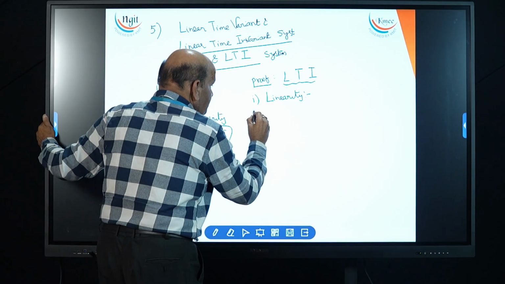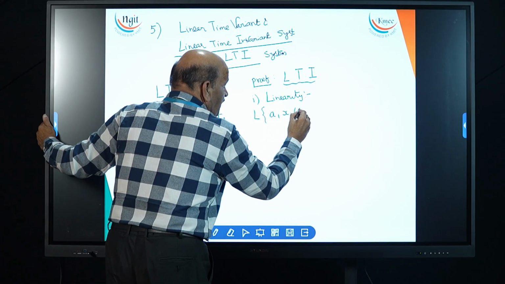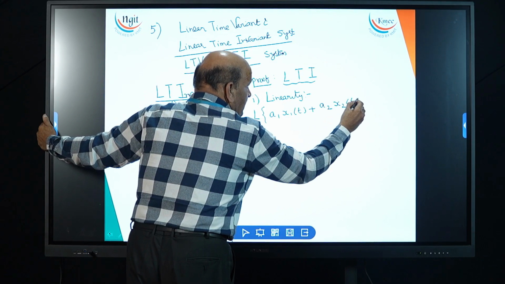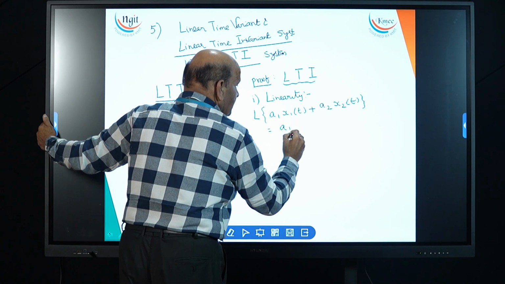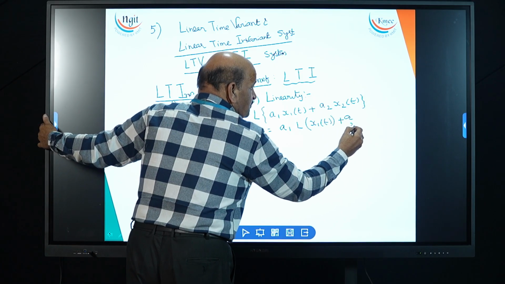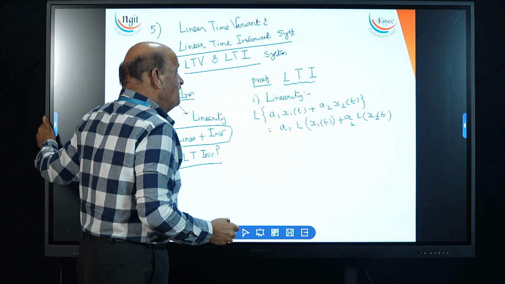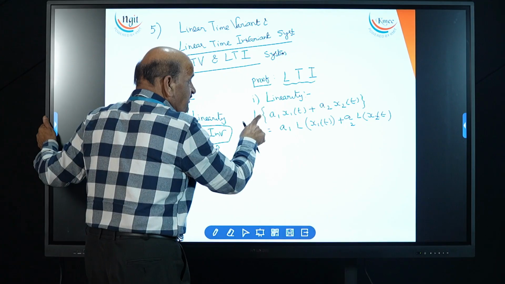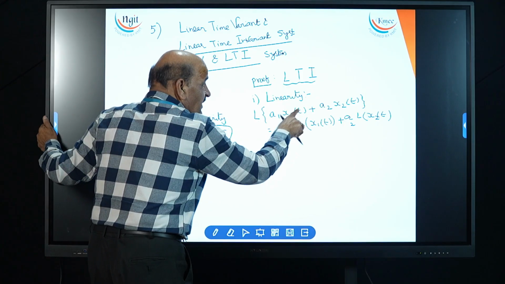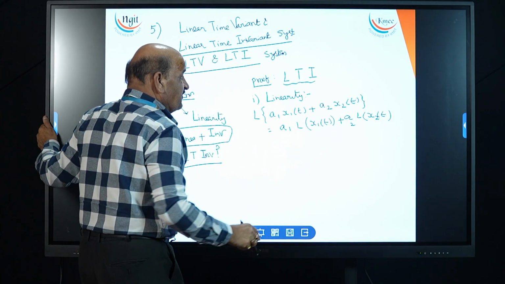Linearity property is what? Transformation of a1 x1 of t plus a2 x2 of t should be equal to a1 L of x1 of t plus a2 L of x2 of t. This is the property. That means transformation of sum of signals is equal to sum of transformation of signals.